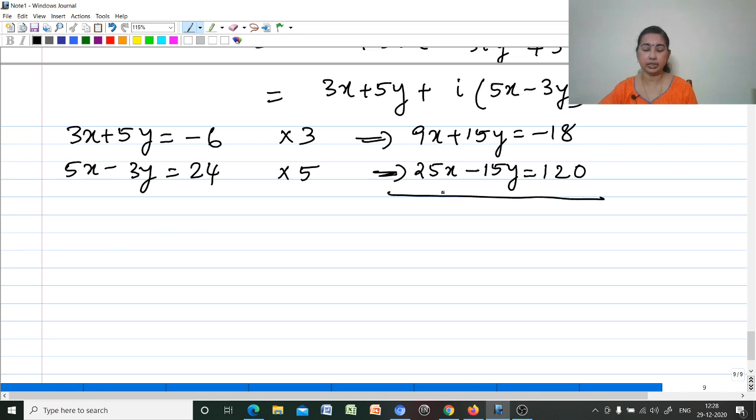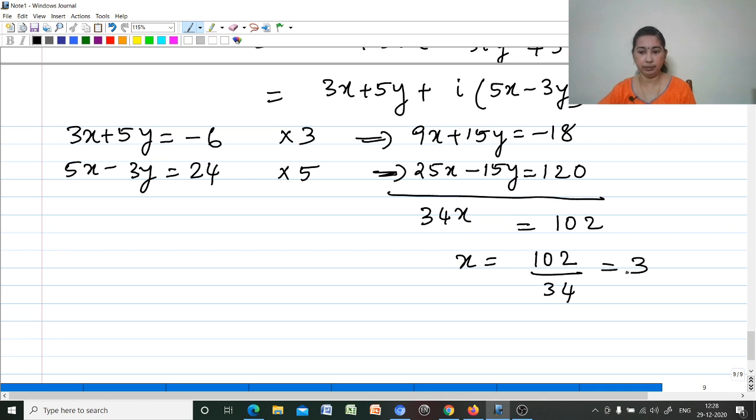Then adding these two, we get 34x is equal to 102. Therefore x equals 102 divided by 34, which is 3, and substituting in either equation, y will be minus 3. X equal to 3 and y equal to minus 3.